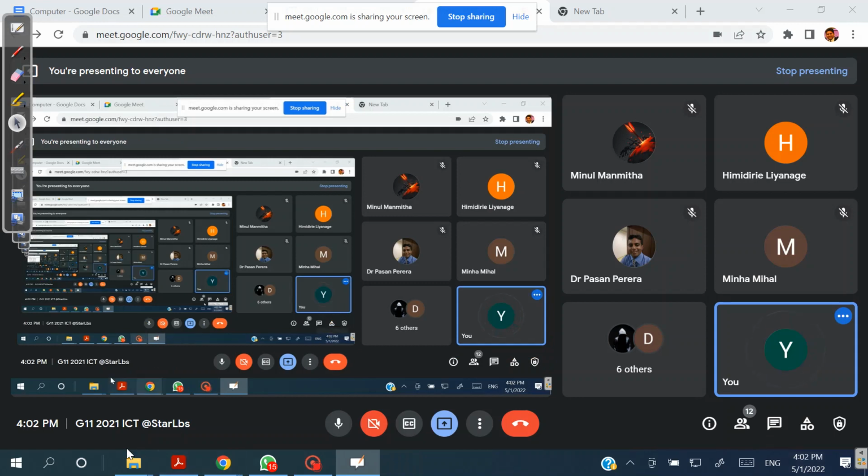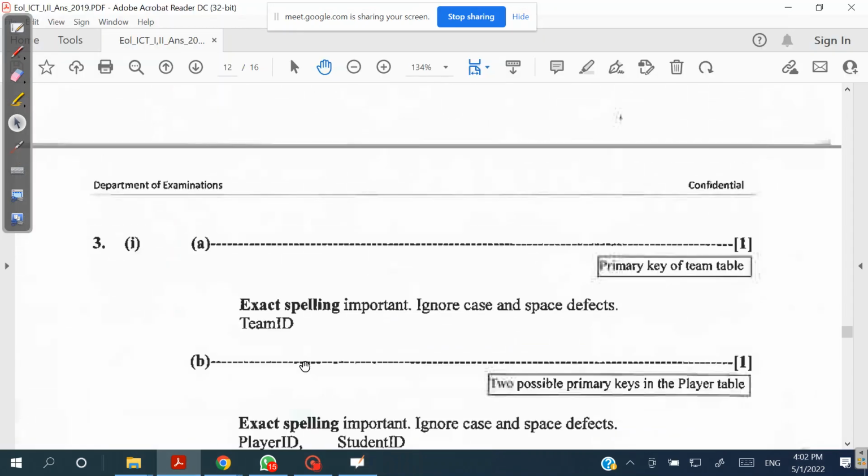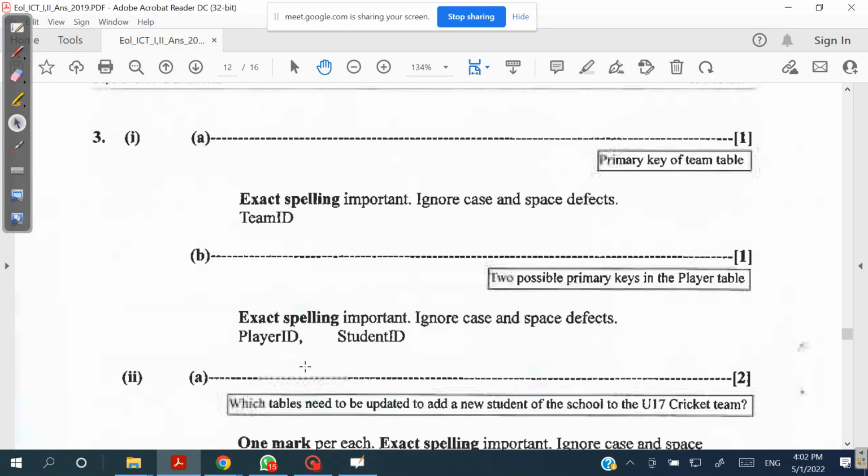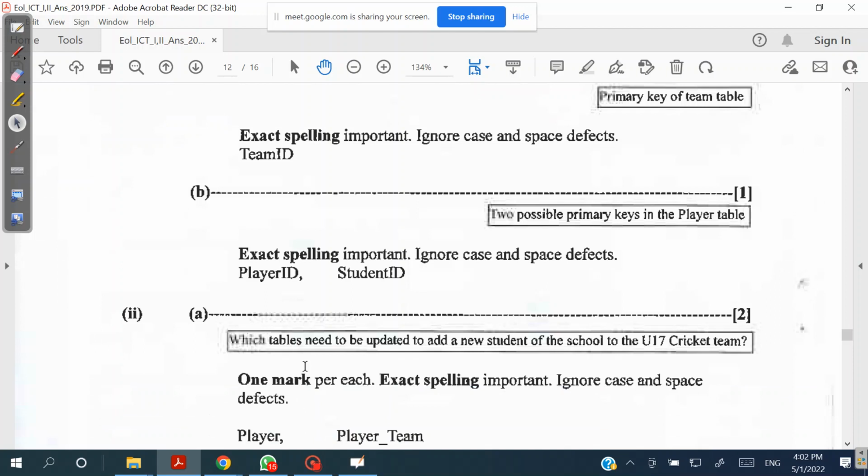This is the way they have given you the marks. Part A is team ID, the primary key of the team table, and the eligible primary keys, we call them the candidate keys in database jargon, are player ID and student ID, right? Not together, any one of those can be a primary key. Both the columns contain unique values.